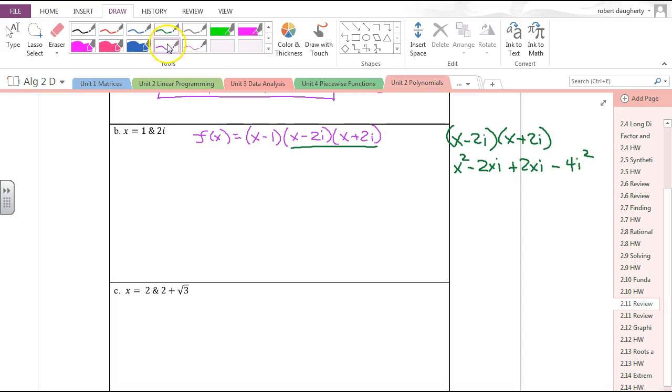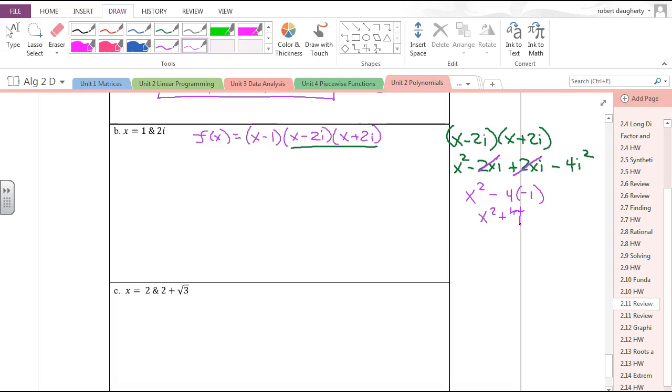The middle terms go away, and I'm left with x squared, and this is minus 4 times negative 1, so this is x squared plus 5. Sorry, x squared plus 4. I keep wanting to write a 5 down. x squared plus 4 is what that is.